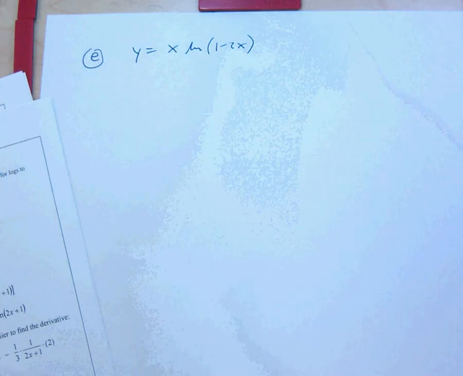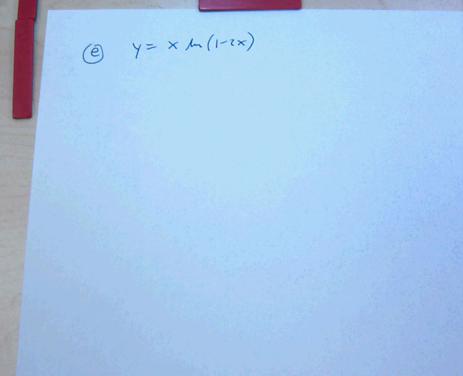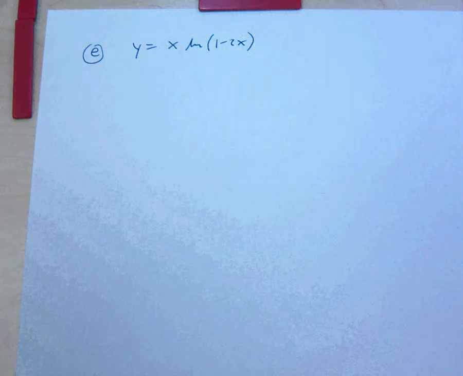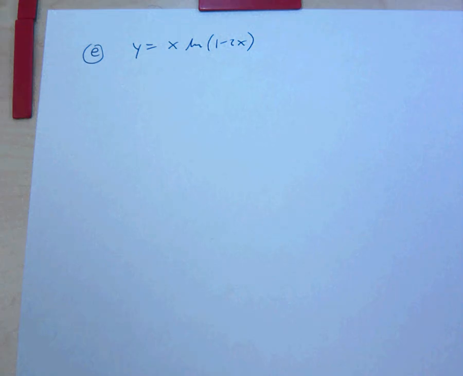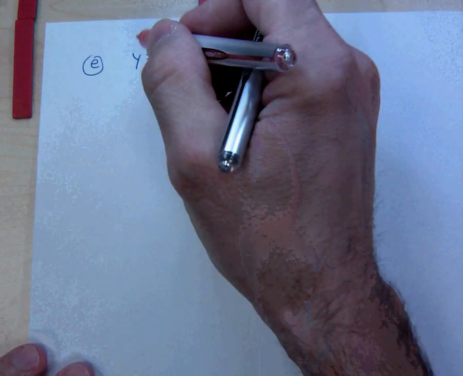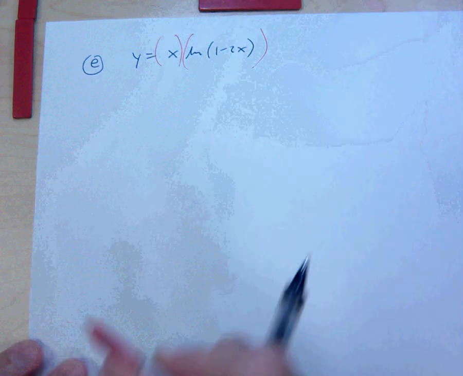Okay, so any ideas of what I'm going to do here? Haley, any idea what I'm going to do here to start? Yeah, good, the product rule. Isn't it the product where both pieces have a variable? And so I must use the product rule. Everybody agree? Okay. All right, so here we go.